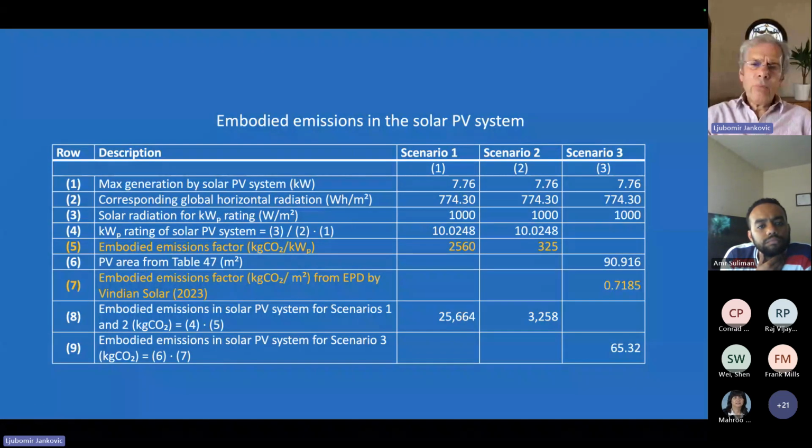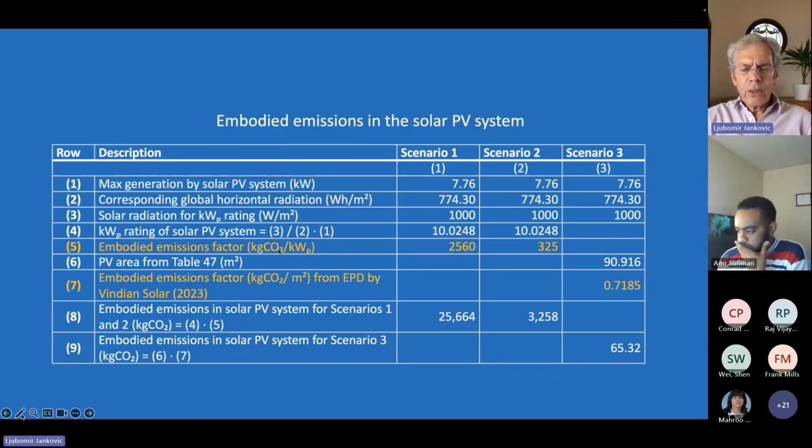And embodied emissions in the solar PV system is calculated in 3 scenarios. First scenario is for the current time with quite high values, and this is per kilowatt peak, so kilograms of CO2 per kilowatt peak. This is the embodied emissions factor.